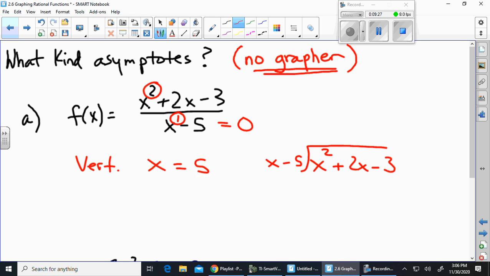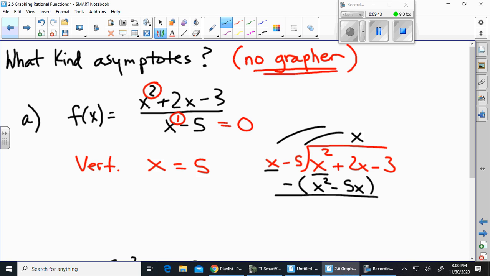Now again, people always freak out. It's long division, but it's 2 steps. What do you multiply x by to get x squared? x. Distribute: x squared minus 5x. Subtract: 2 minus negative 5 is 7. You can drop that, but it really doesn't matter.